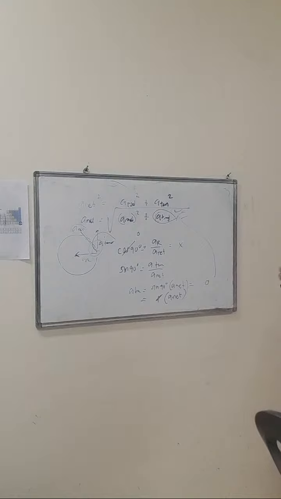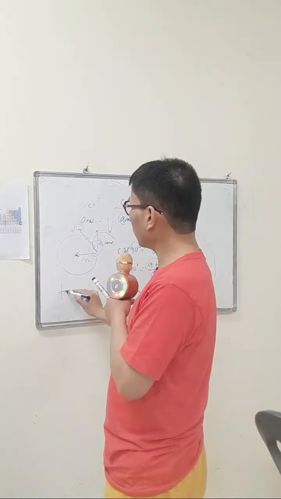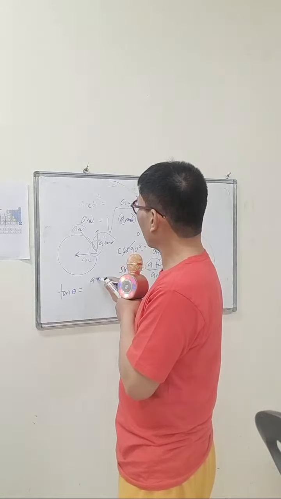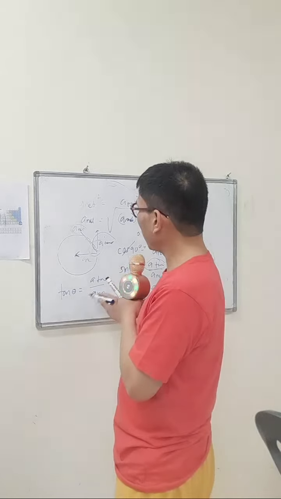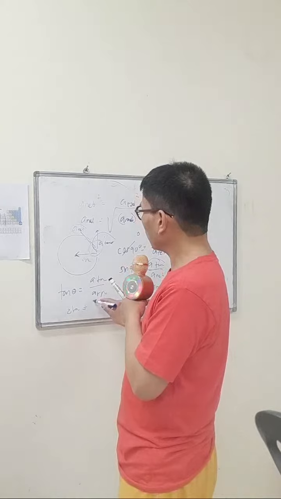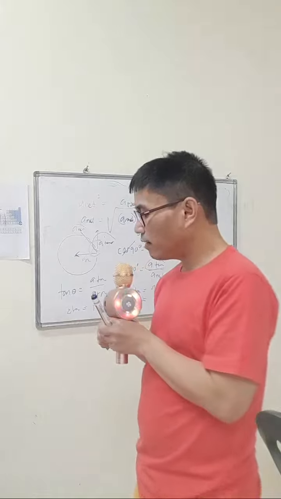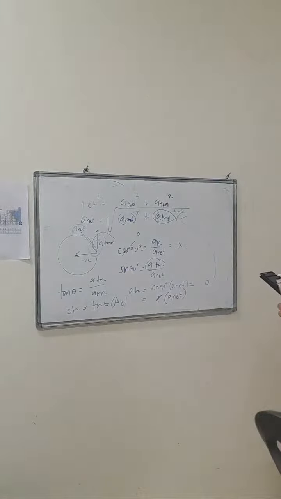How about tangent? Okay, so tangent. Tangent theta is equal to A tangential over A radial. Okay, so A tangential is equal to tangent theta times the radial acceleration. Now, tangent of 90 degrees.